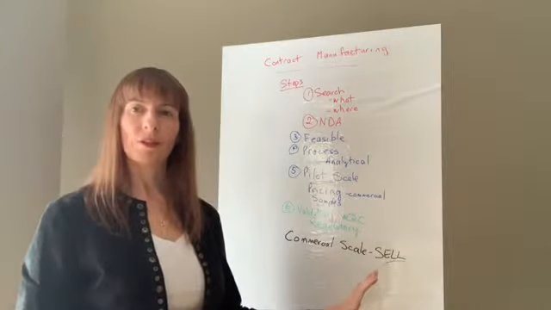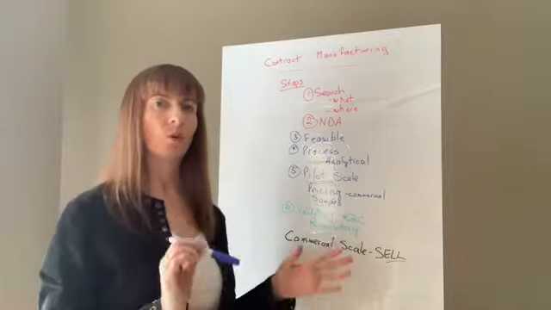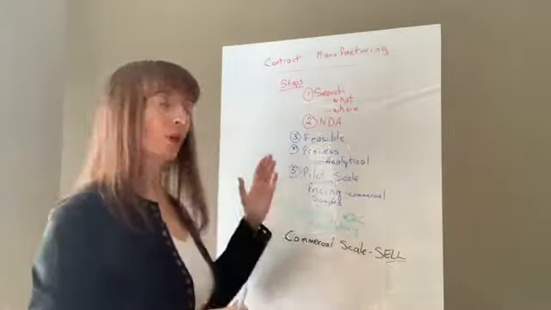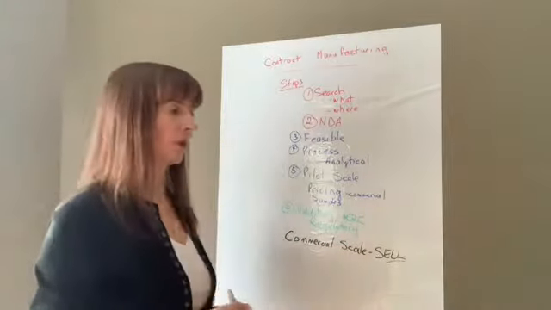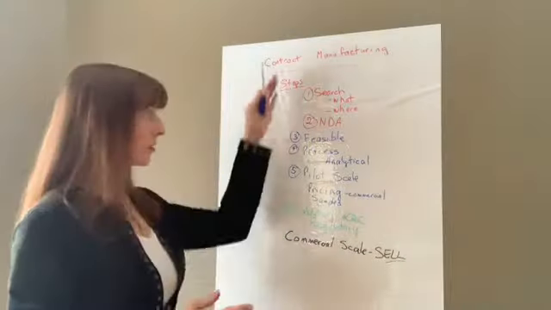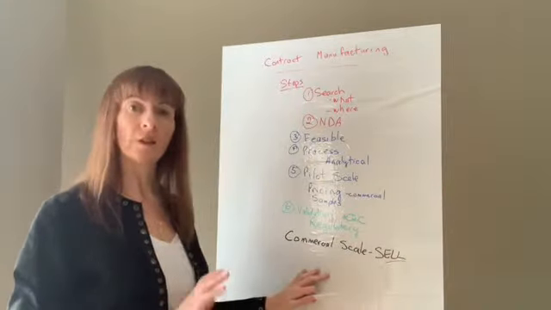Okay, so now that you're able to sell the product, who do we need to make sure that we're thinking about as we go through a contract manufacturing process? There's an awful lot of stakeholders that are involved in these different areas.